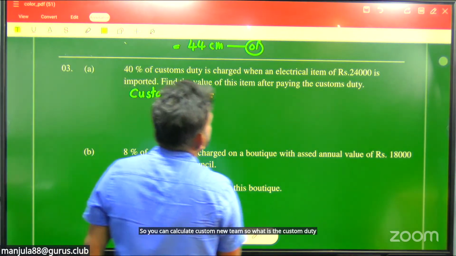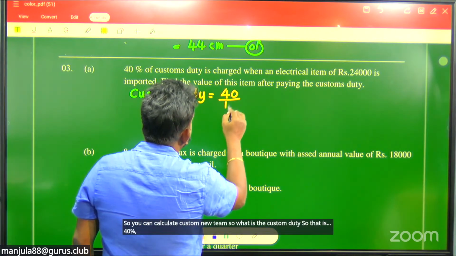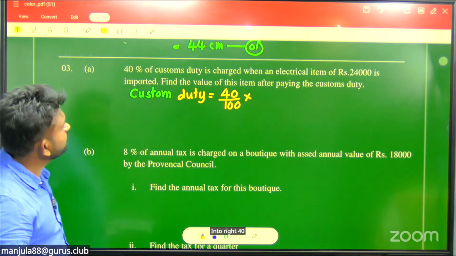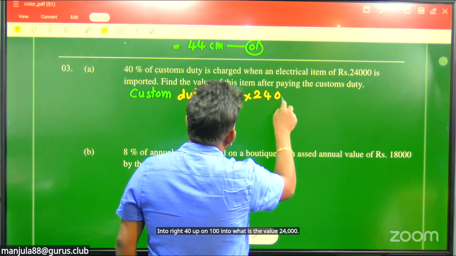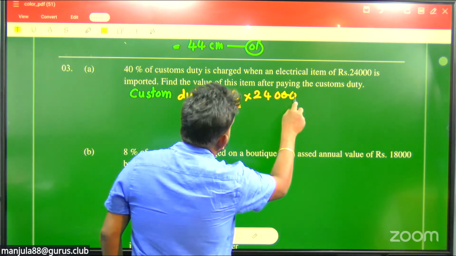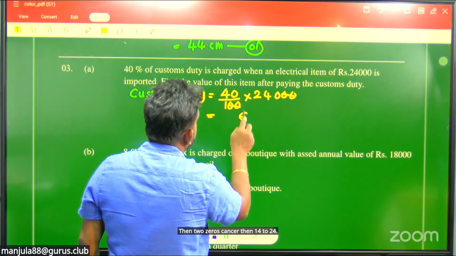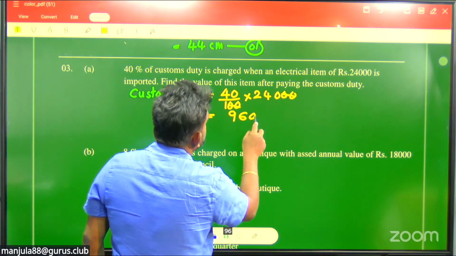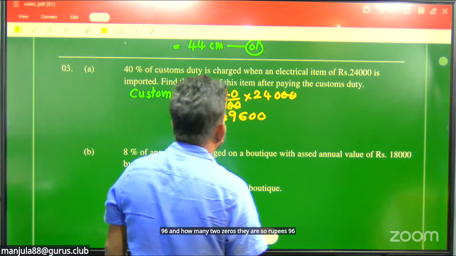That is 40%, 40 upon 100 into the value, 24,000. Then two zeros cancel, then 40 into 24, 96 and two zeros there. So rupees 9,600. That is the custom duty.